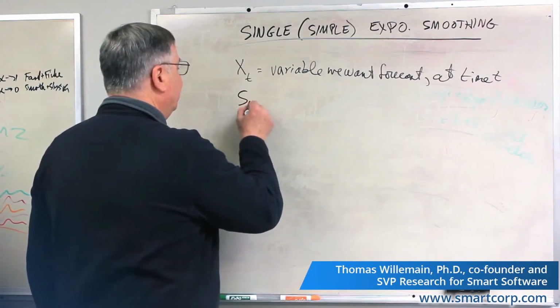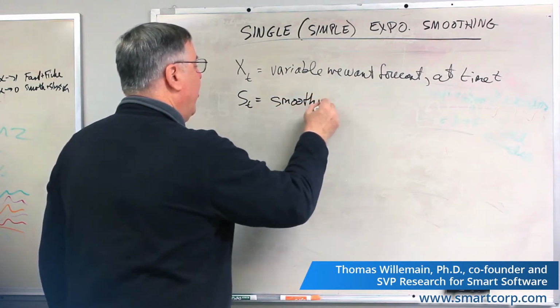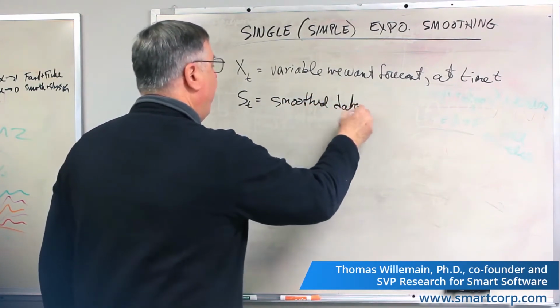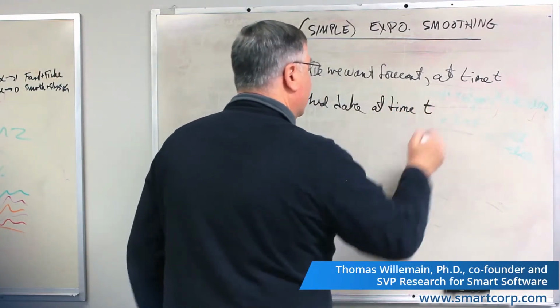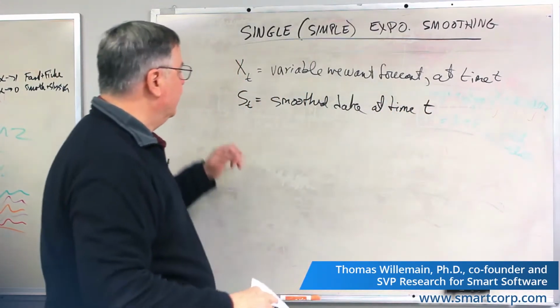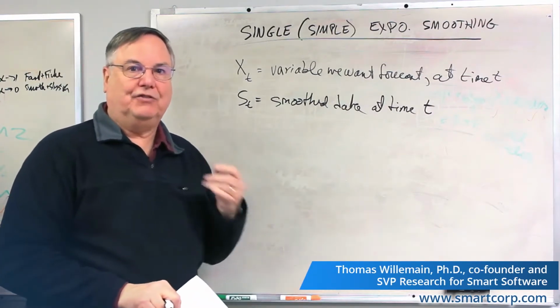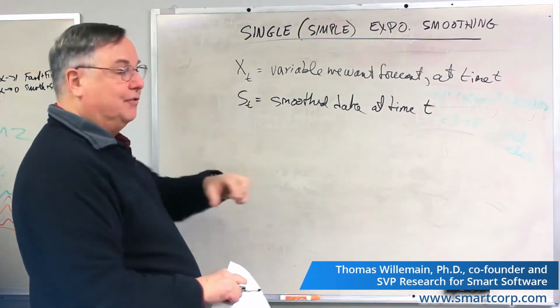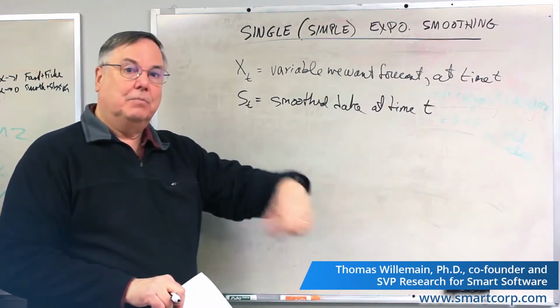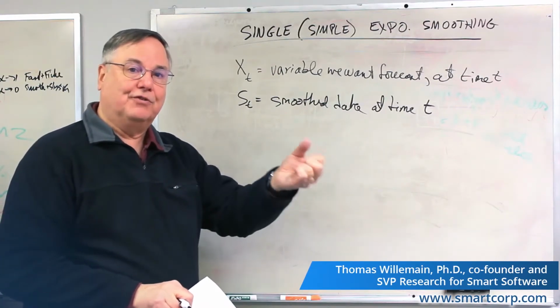And we'll say S of t is the smoothed data at time t. And remember, with exponential smoothing, we actually believe that S of t is a more sensible basis for making a forecast because x of t has the underlying level in it plus a whole bunch of noise which is just there to confound us and confuse us and lead us astray.